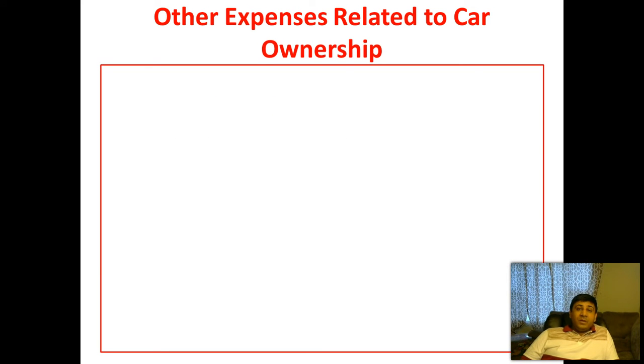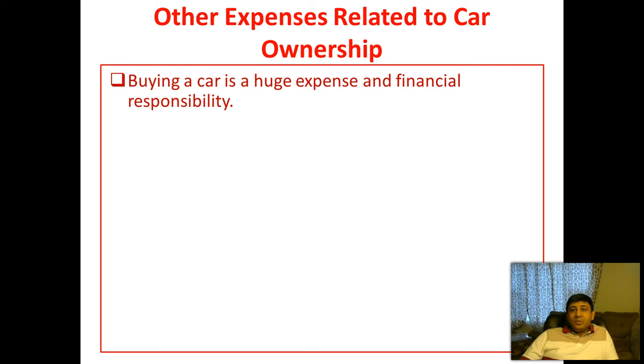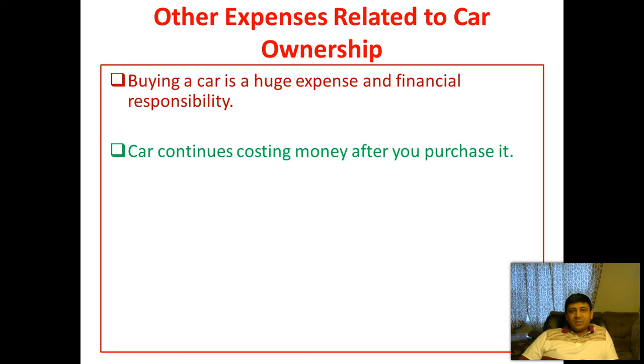Other expenses you have to keep an eye on are related to the ownership of a car. What comes to mind? You buy a car, you have insurance, now you want to bring it onto the road. Fuel, gas. Buying a car is a huge expense and a financial responsibility. Things don't stop right there when you buy a car. You have some ongoing expenses as well.